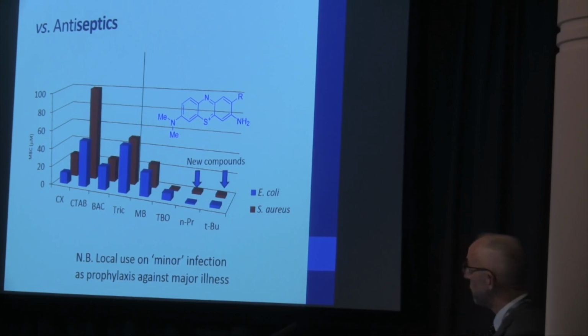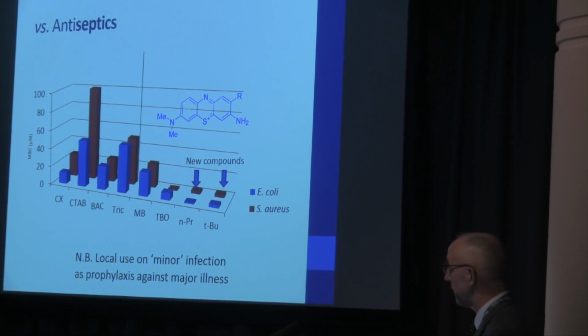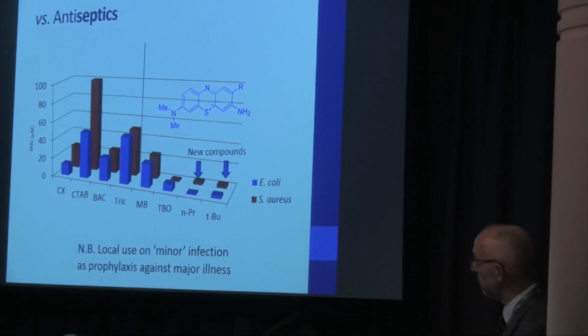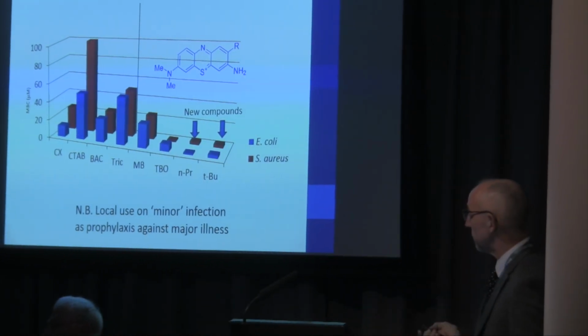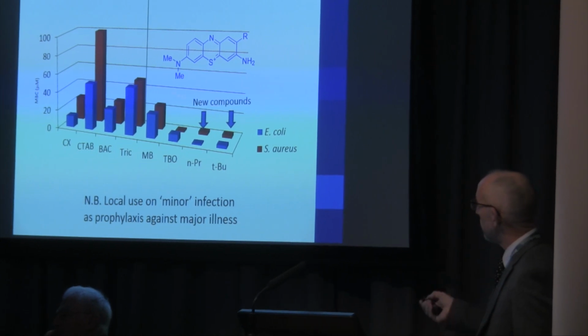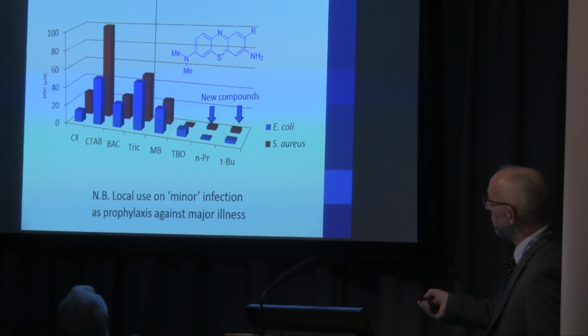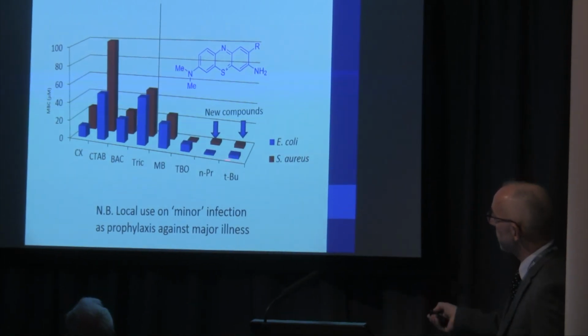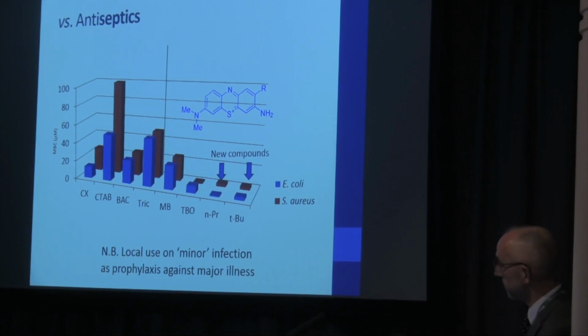If you use this approach to kill the bacteria when it's at the tonsillitis stage, then obviously you've got an effective prophylaxis. That's, I guess, the ethos going forward. You can see on this, just to point out, these are traditional antiseptics, and these are some of the new compounds, butyl toluene, much more effective than standard antiseptics.